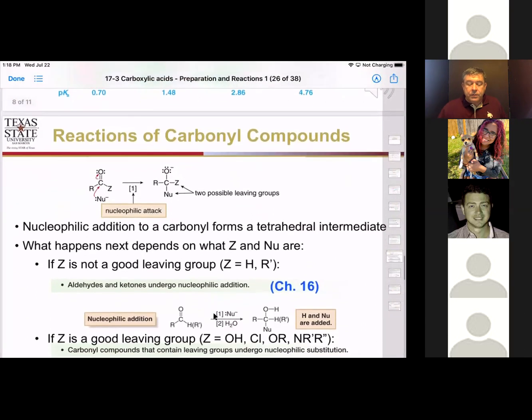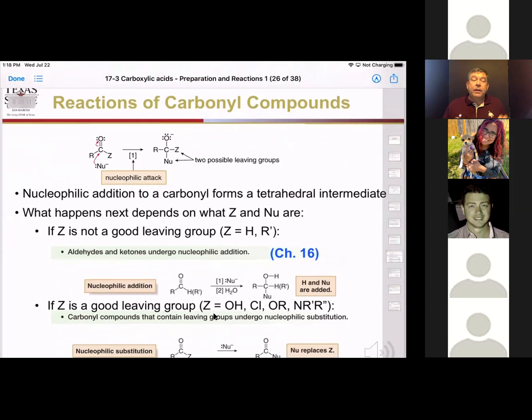Okay. So up to now, we've done different reactions on carbonyl compounds, and we've had 2 different things that can happen. We can get addition across that carbonyl carbon and go from our sp2 hybridized trigonal planar to our sp3 hybridized tetrahedral structure.